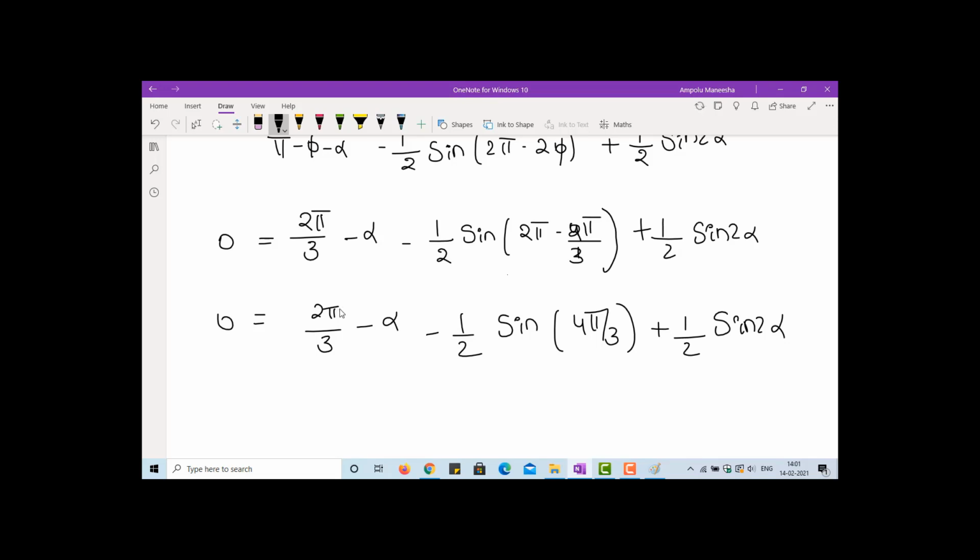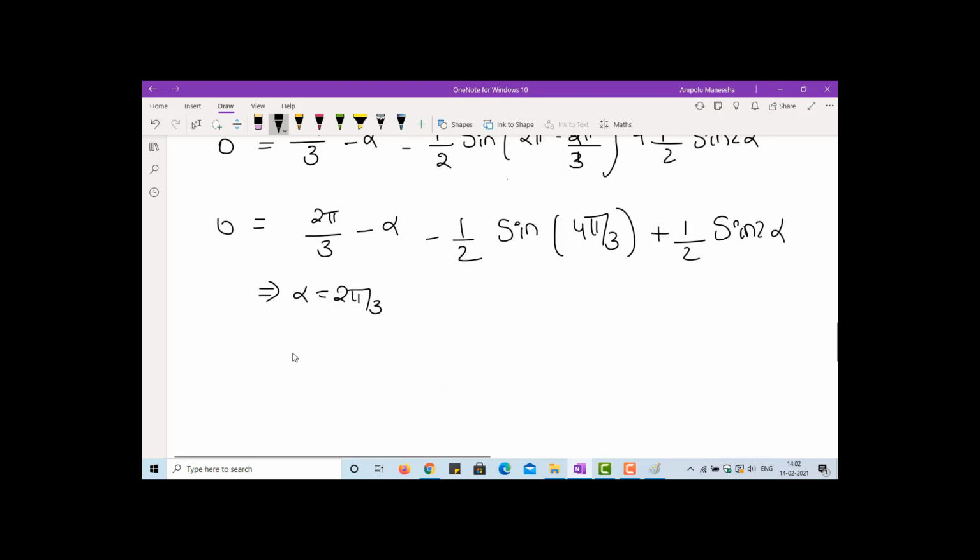By looking at this equation, we can say when alpha is equal to 2 pi by 3, this whole expression is 0. This is also 0. So, alpha max is given by 2 pi by 3.